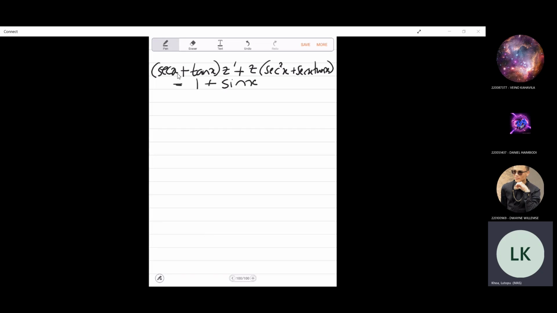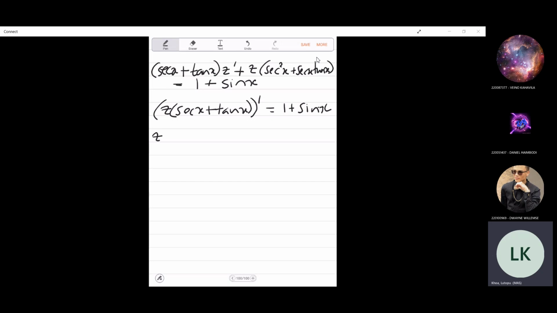Okay, then we look at what we have here. This we can just condense to z multiplied by (sec x plus tan x), all prime, which is 1 plus sine x. And then to get rid of the prime, we integrate on both sides.